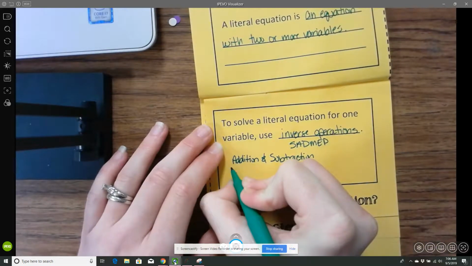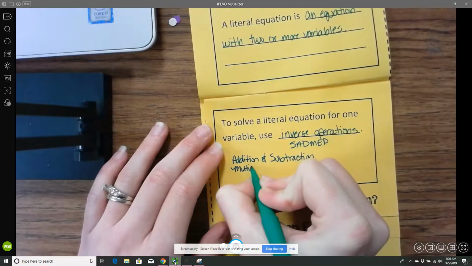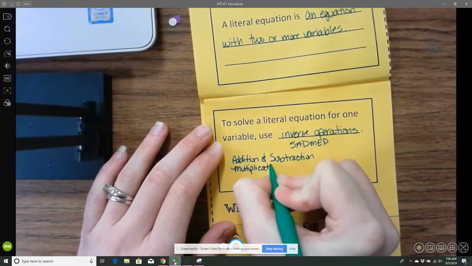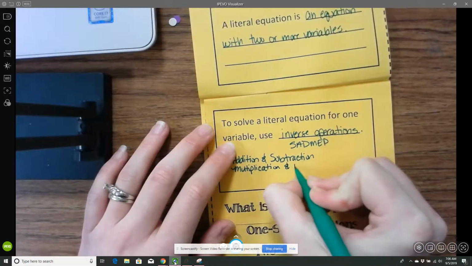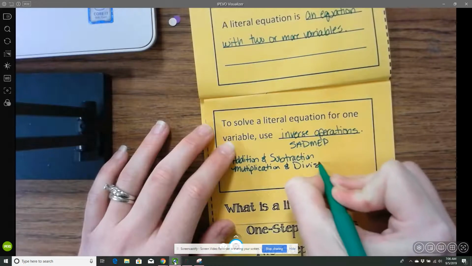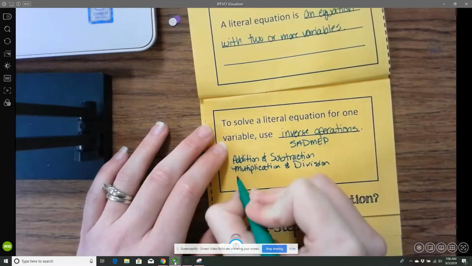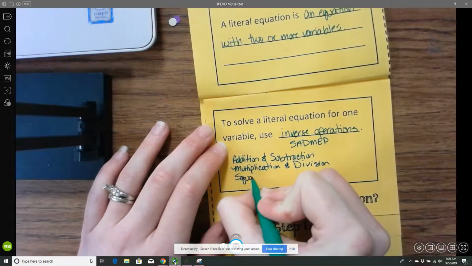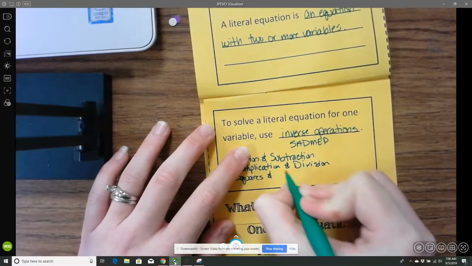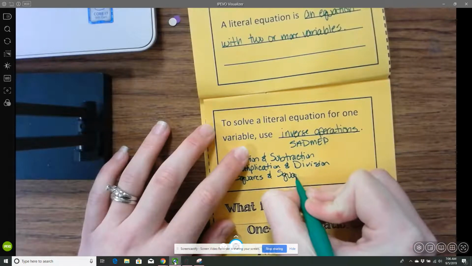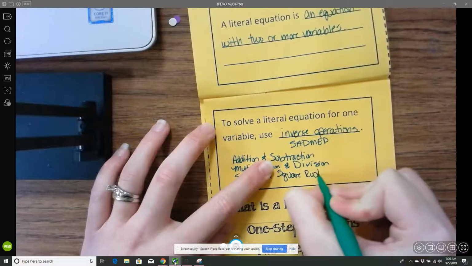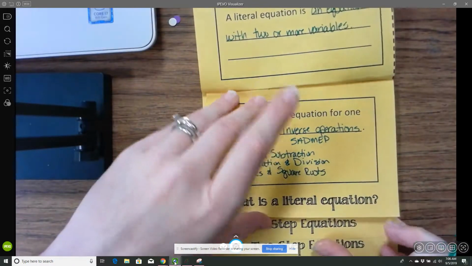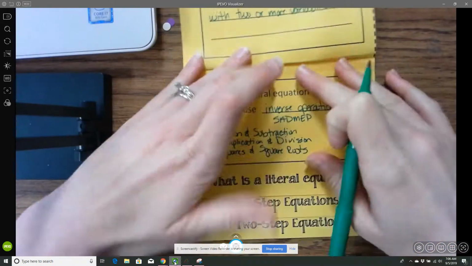Then you're going to do multiplication and division next. And then finally, you're going to take care of your squares and your square roots. So here, I'll leave that so you can see.